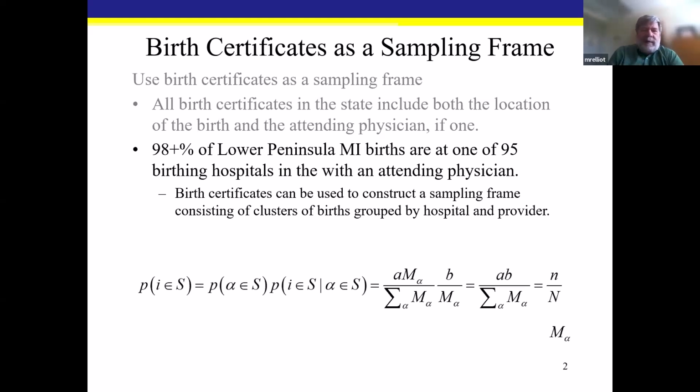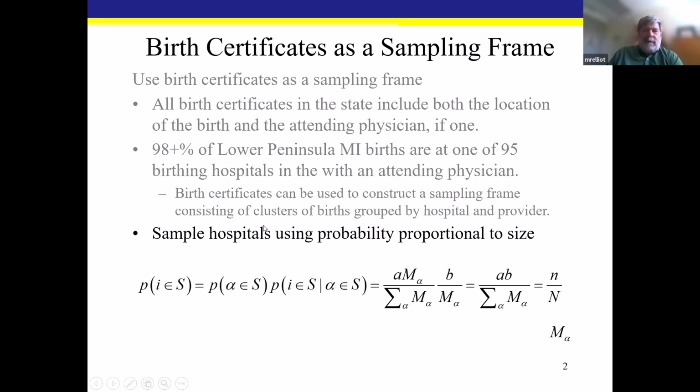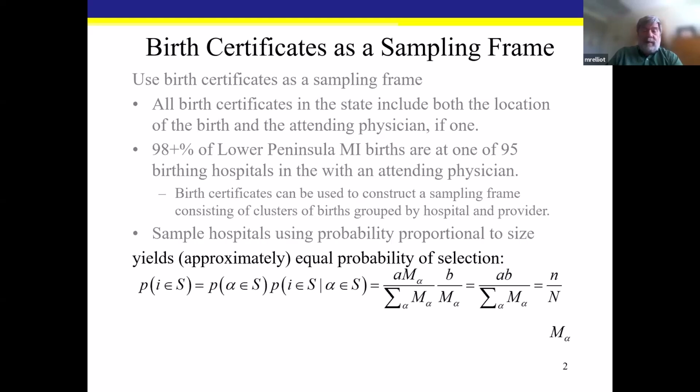And so the idea is that we can use birth certificates to construct a sampling frame consisting of clusters of births grouped together by hospital and provider. And if we sample hospitals proportional to size, size being the number of births that occur at a hospital relative to other hospitals in a given period of time, we basically get approximately equal probabilities of selection.